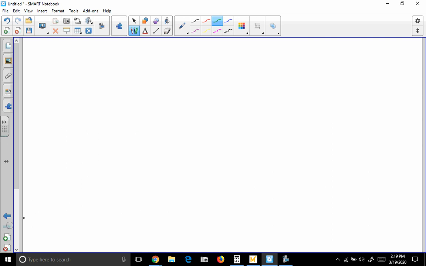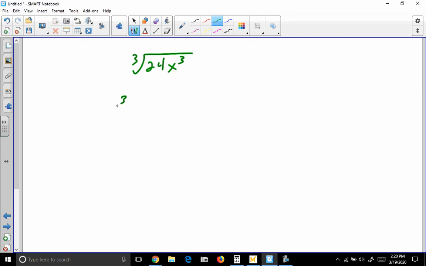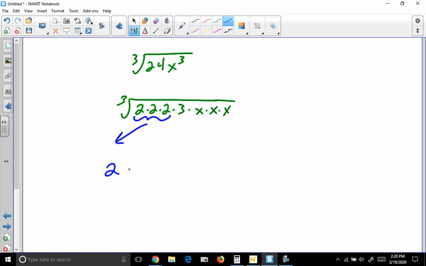We can do the same thing with a cube. Let's do that same problem, but let's do a cube root. So we factored this in the previous step. 2 times 2 times 2 times 3, x times x times x. So if we have three 2's, we can bring a 2 out. We only have one 3, so the 3 stays underneath.